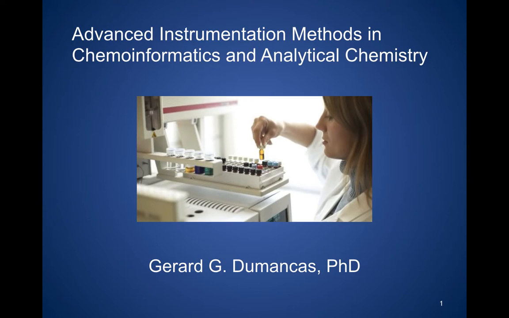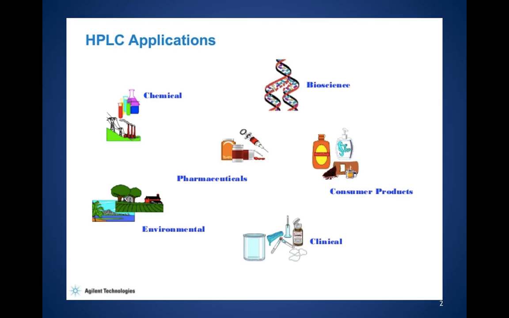So here we're going to delve more into the different instruments that are used in the analysis of different compounds. It has a wide array of applications. Like here, we use an HPLC or high performance liquid chromatograph.